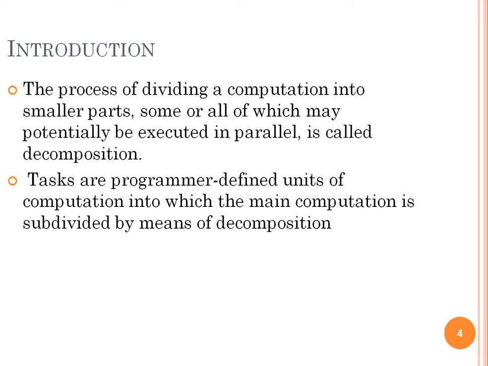So there are multiple methods, multiple way to perform the decomposition. So the tasks are a programmer defined unit of computation into which the main computations is subdivided by means of decomposition. So the process of dividing a computation into smaller part is called as decomposition, and that task will be executed parallelly, will be executed concurrently.